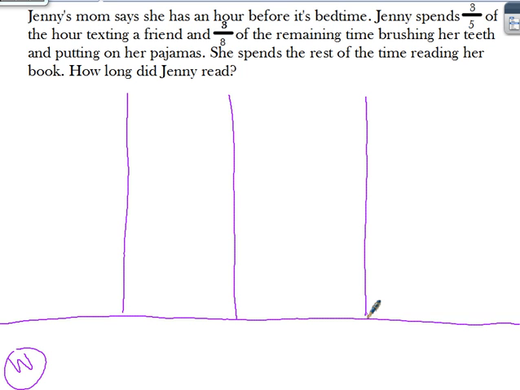I'm going to read through using my RDW strategy, read, draw, write, and circle any important information. So Jenny's mom says she has an hour before bedtime. Jenny spends 3/5 of the hour texting a friend and 3/8 of the remaining time brushing her teeth and putting on her pajamas.